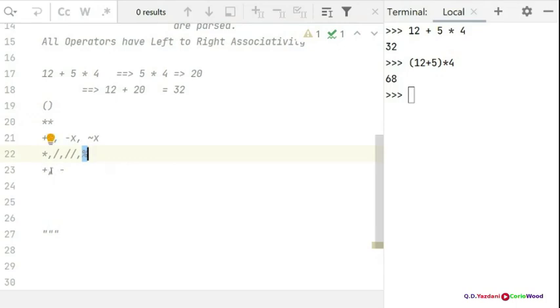You can say remainder, and then it's plus and minus, and the next one is going to be the bitwise shift operators. So you guys know in C++ it comes like that.